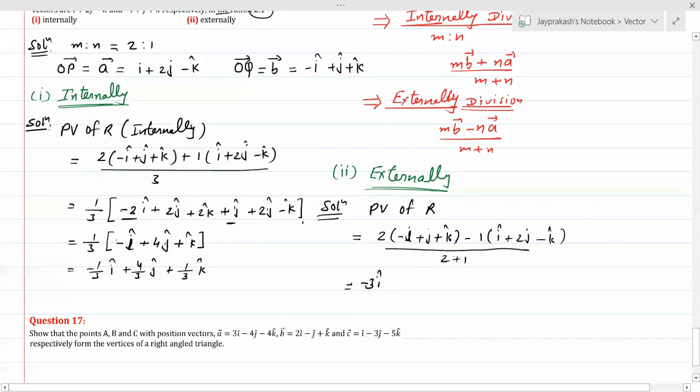And here it will be a negative sign in the denominator, so we will write 2 minus 1. So 2 minus 1 will be 1. So nothing in the denominator except the 1.